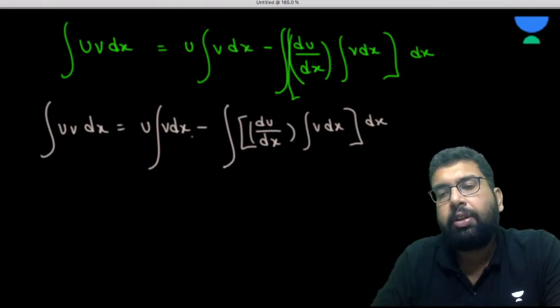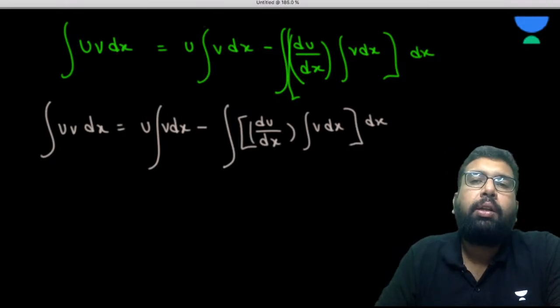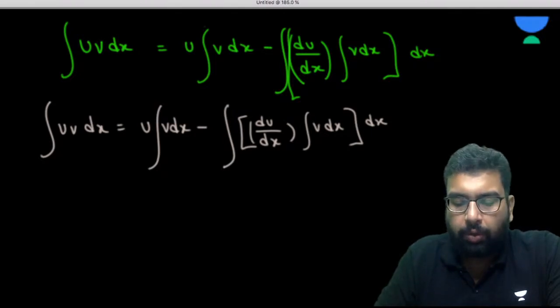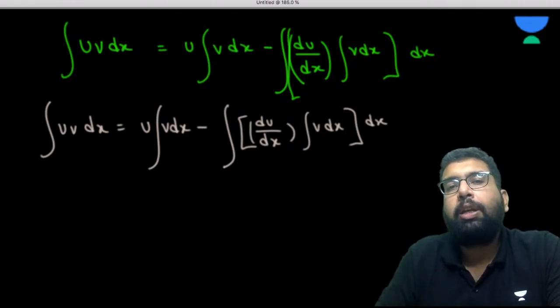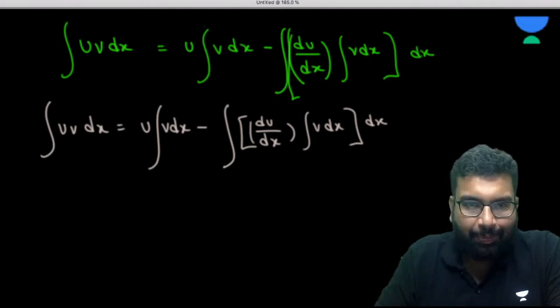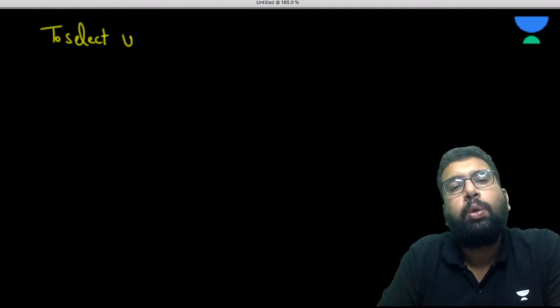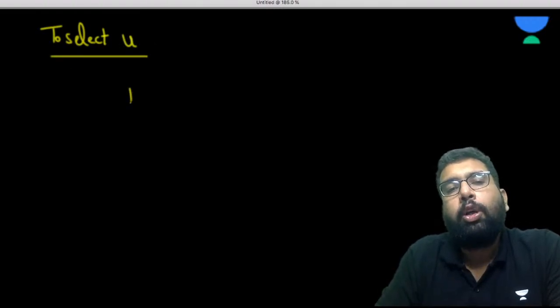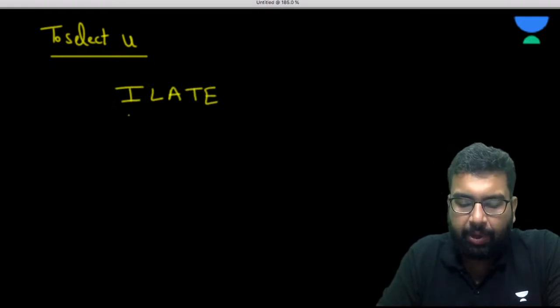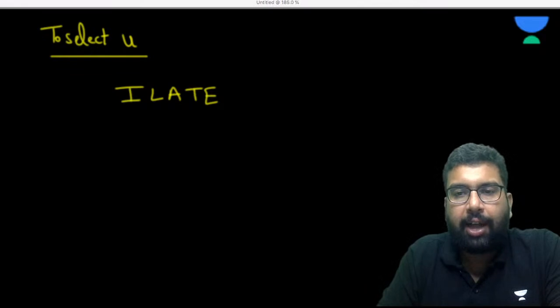Okay, UV integration. Now here, one thing is important: how we are going to select which one is U and which one is V. Out of the two functions, one would be U and one would be V. To select U, you may use a rule, that is ILATE.